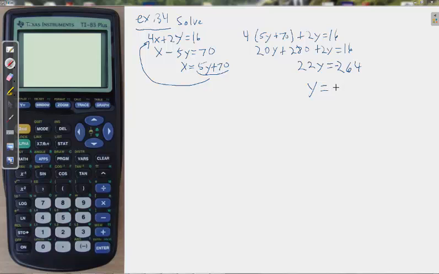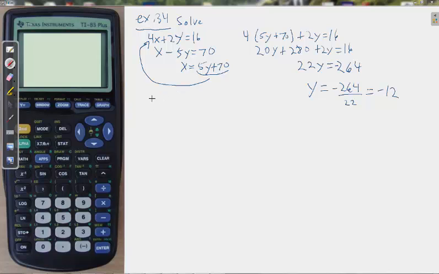y equal negative 264 divided by 22. Because that would be, let's see, 22 would go into 220 10 times, and that's just 44 more, and that's just 2 more times, so it'd be negative 12.